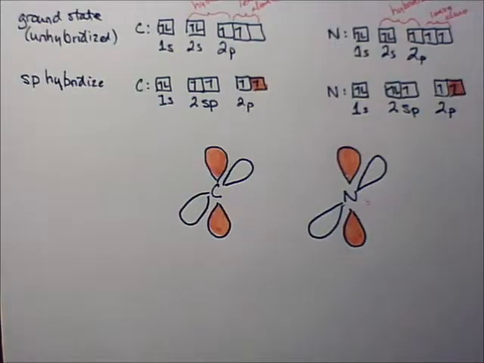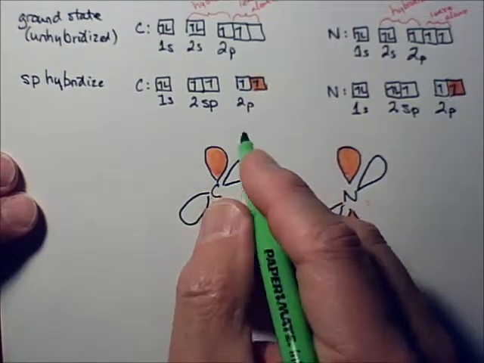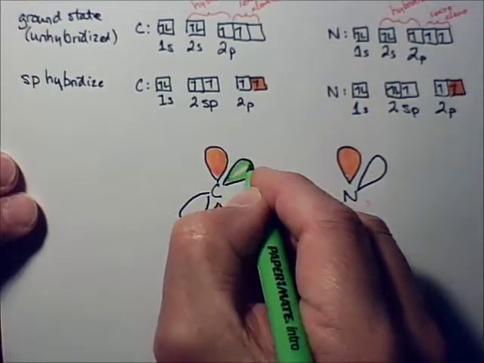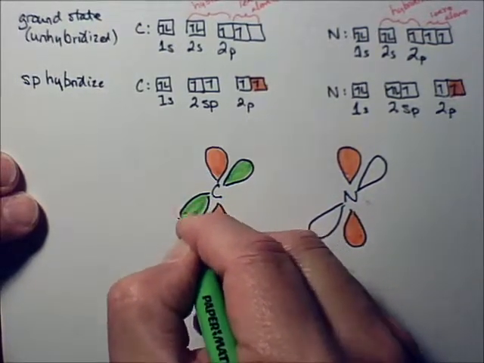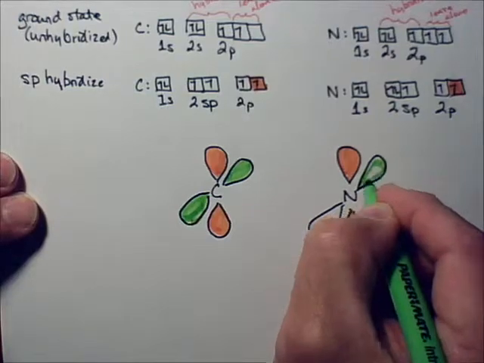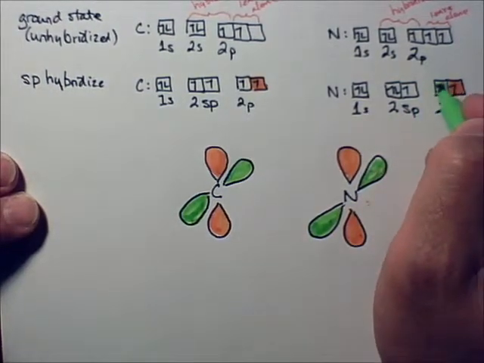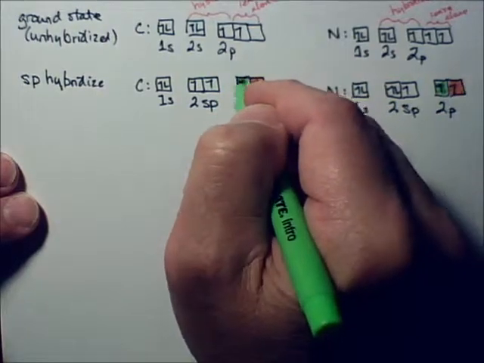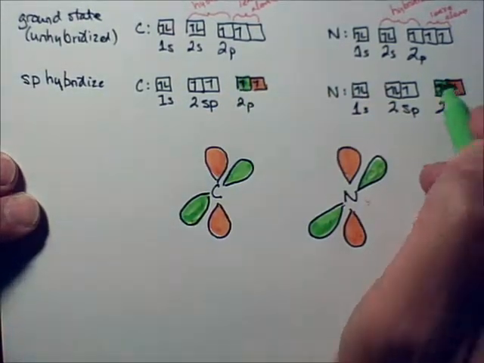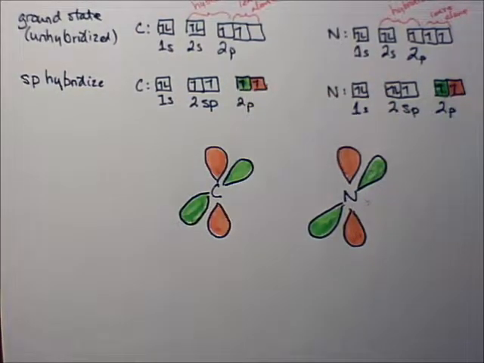Let's make this one green. And so here's our other p orbital we just drew in there. Now, hybridized and unhybridized orbitals want to be as far apart from each other as they can be.